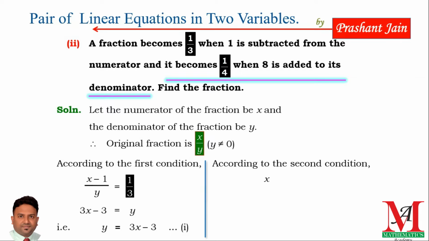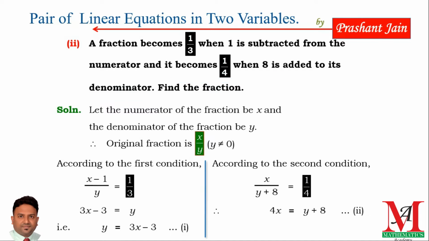When we add 8 to the denominator, it becomes y plus 8, and the fraction is 1 upon 4. On cross multiplication we will get this, and this is the second equation.